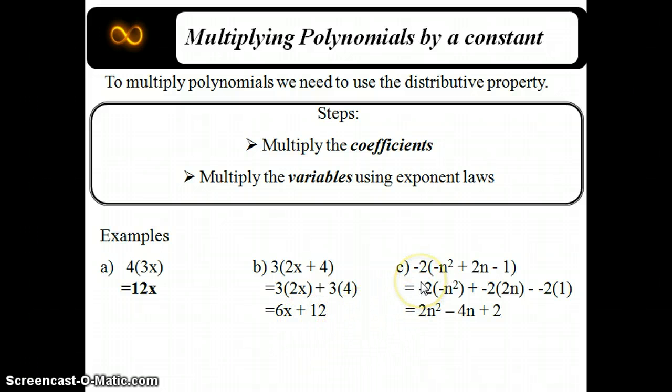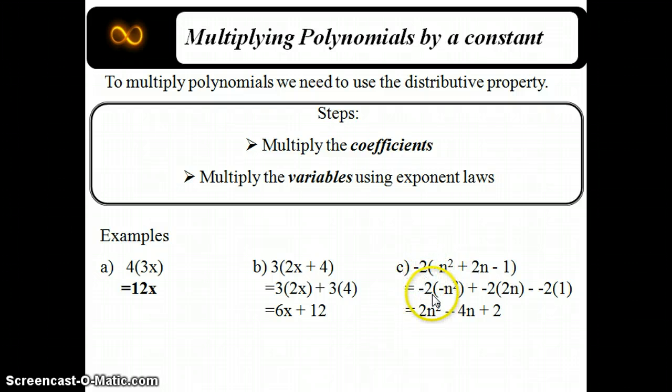Our next example gets a bit trickier because of the negative. So remember, when we distribute in all 3 times, since this is a trinomial, I'm distributing in the negative 2. So negative 2 times a negative n squared. Negative n squared is actually just negative 1 n squared.